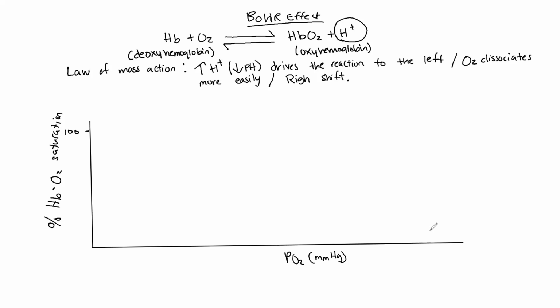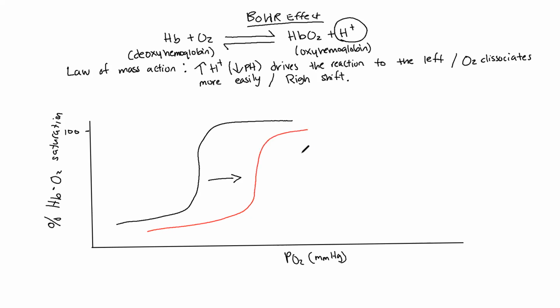So again, just drawing our standard curve here, this is what our sigmoidal curve looked like. Right, and then if we shift it to the right, we are looking at more acid or lower pH. So here's our right shift. So lower pH, in other words, more hydrogen ions causes a right shift.